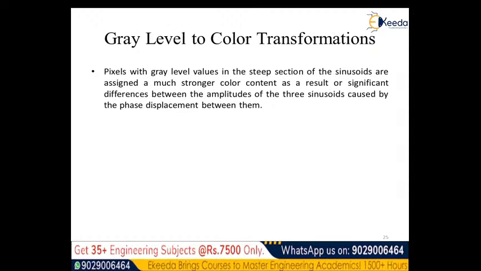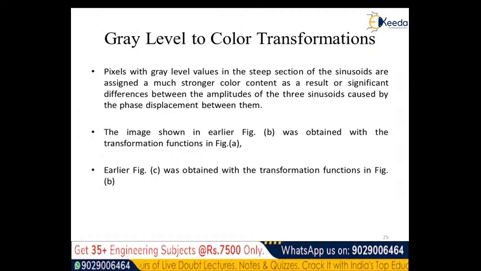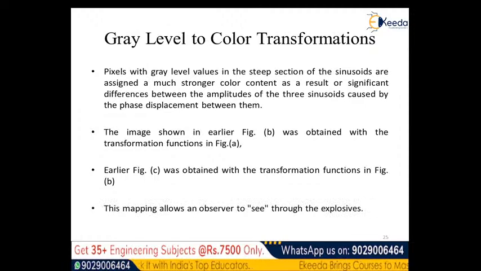So we have shown you the input image that is initially scanned, and thereupon the pseudocolor image processing produces the colorful visualization shown in part B and part C. With the transformation functions I have already shown you, the mapping we made for part B and part C allows the observer to see through the contents of the luggage, whether there are explosives or not.